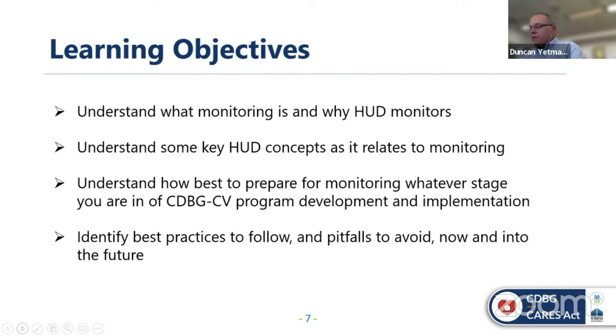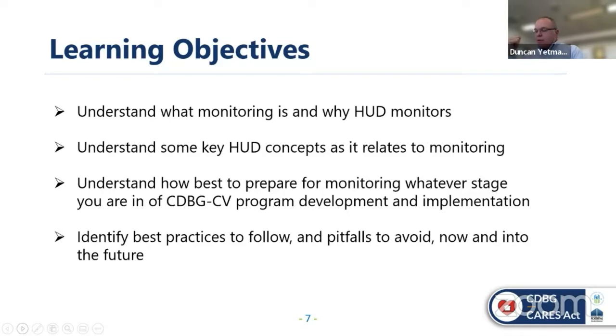Our learning objectives. There are several learning objectives that we have for today's session, but here are the top 4, if you will. And I think these 4 listed on the slide can be summarized to say that monitoring is not a one-off.